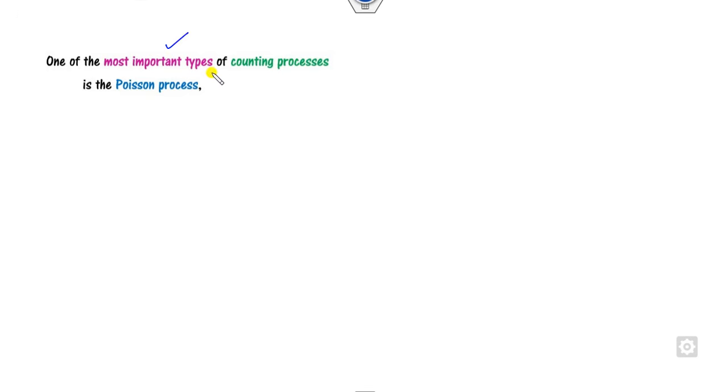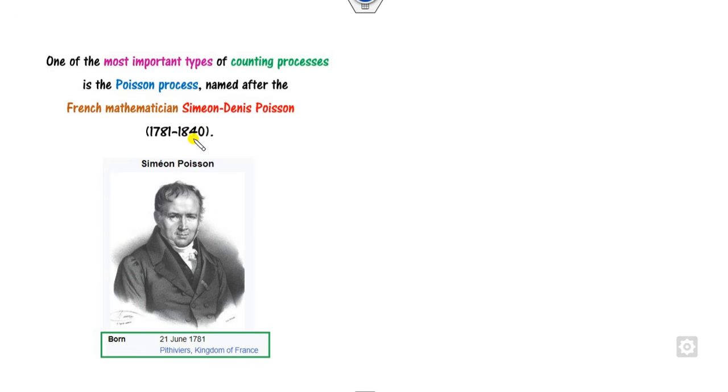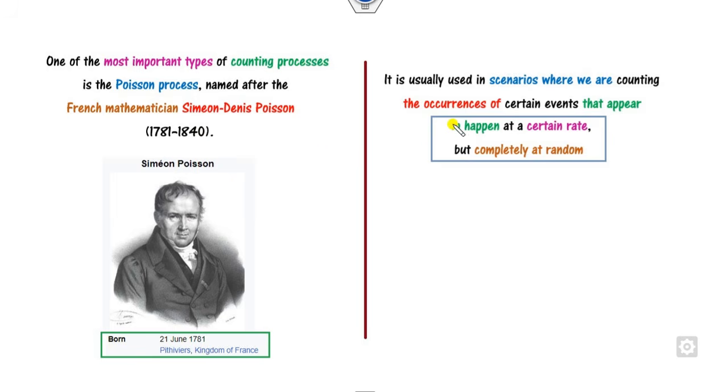One of the most important types of counting process is the Poisson process, which is defined by Siméon Poisson, a French person born in 1781. It has wide applications, and it is generally used in scenarios where we are counting the occurrence of events that happen at a certain rate but completely at random.